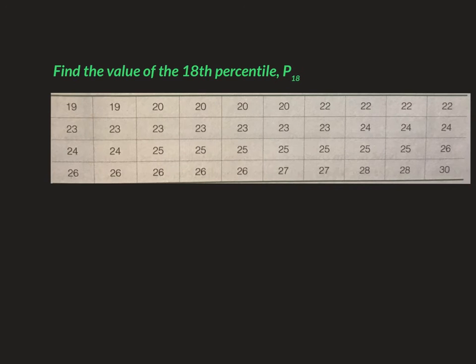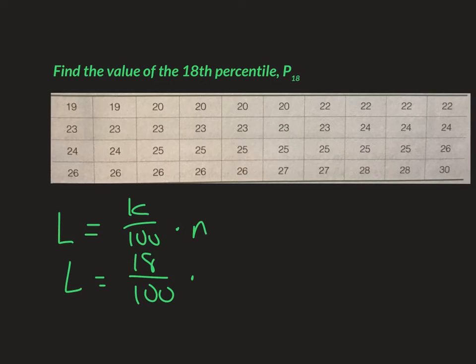All right, here it is. Find the value of the 18th percentile. The formula I gave you on the last page was L equals K over 100 times N. Remember, K is the percentile. I'm looking for the 18th percentile, so 18 over 100 times N. N is how many numbers there are. This is the same table. There's 40 numbers. When I punch that in my calculator, I got 7.2.